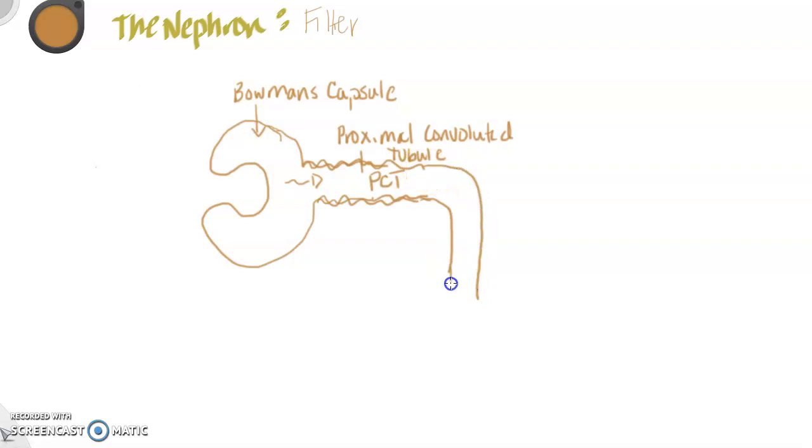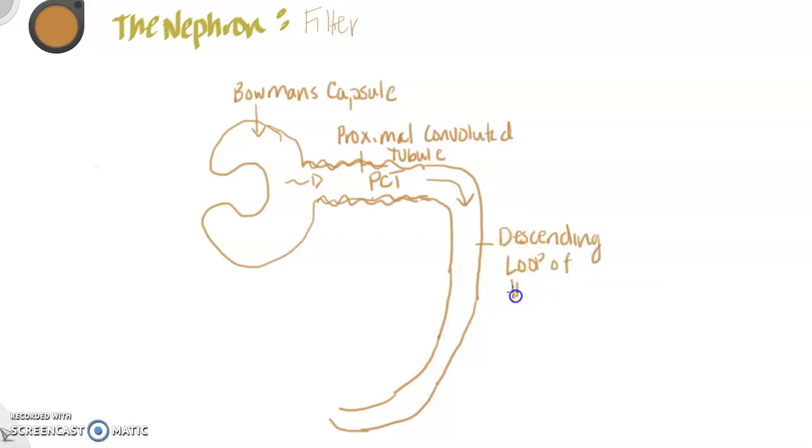down. And this turn down, remember, the filtrate is going this direction. So when it gets down here, it is entering the descending loop of Henle.